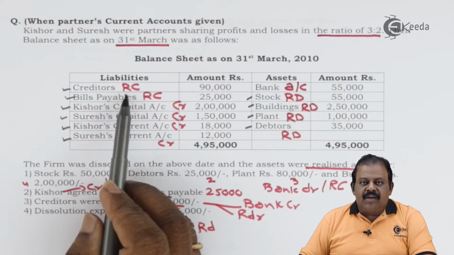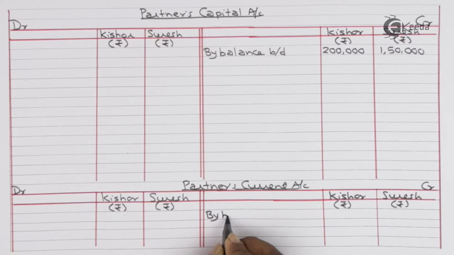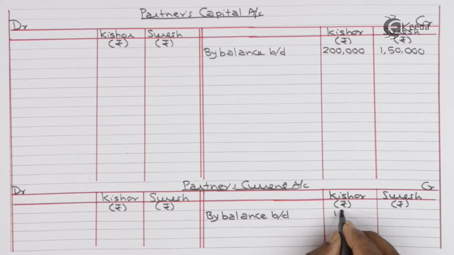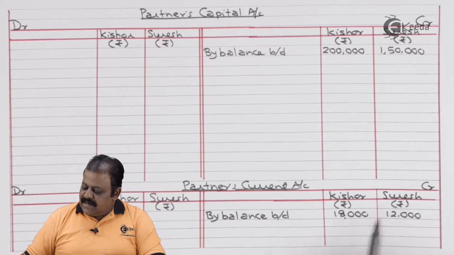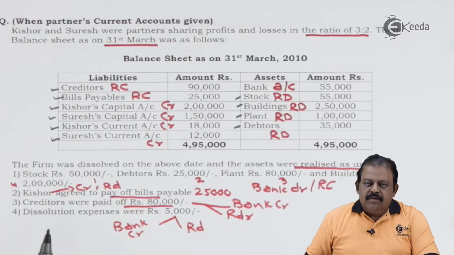This is appearing on liability side, so it will be transferred to their current accounts on credit side. Partners current account credit side, Kishore, Suresh, by balance brought down 18,000, 12,000.